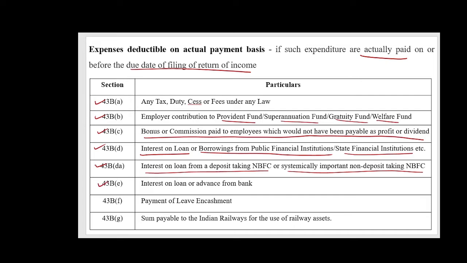The other expense that is deductible on actual payment basis is interest on loan or advance from bank, then payment of leave encashment, and some payable to the Indian Railways for the use of railway assets. All these expenses are deductible under the head profits and gains from business or profession on actual payment basis, provided they are actually paid on or before the due date of filing of returns of income.